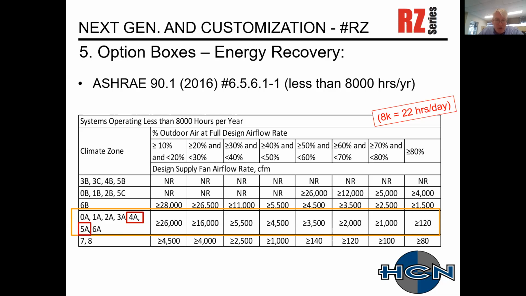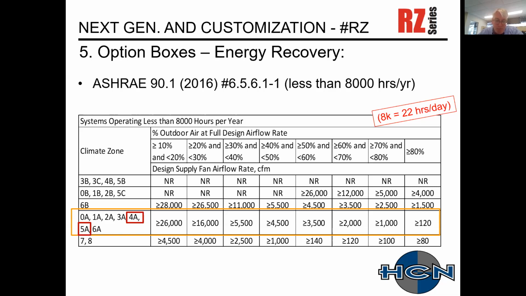As you can see, as you go from left to right and increase the percentage of outside air, the threshold of your supply air reduces. So if you have a unit with 20% or less outside air and your supply air is greater than 26,000 CFM, you have to employ an energy recovery device.